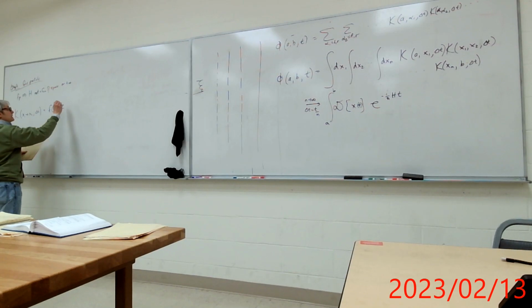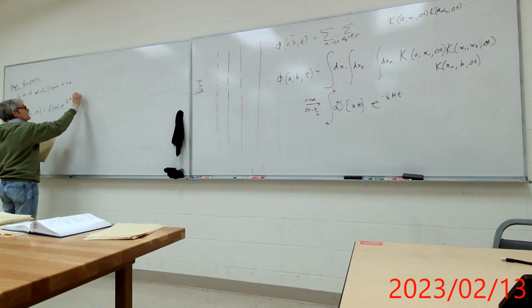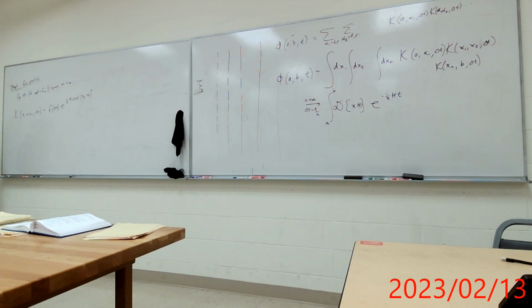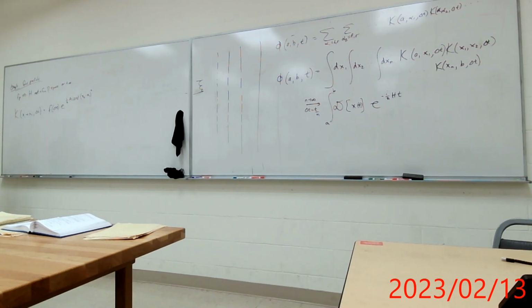So we're going to say that this is e to the i over h bar, some other function of time, times x2 minus x1 squared. That is, there can't be a linear term in x1 or x2, because then the Hamiltonian would depend on where you actually were. All it can depend on is the difference between one position and another.